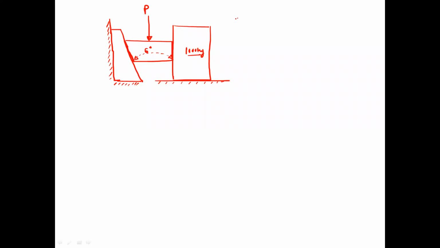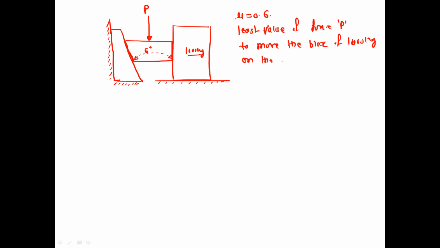So coefficient of friction is 0.6. We have to find out the least value of the force P to move the block of 1000 kg on the right side.